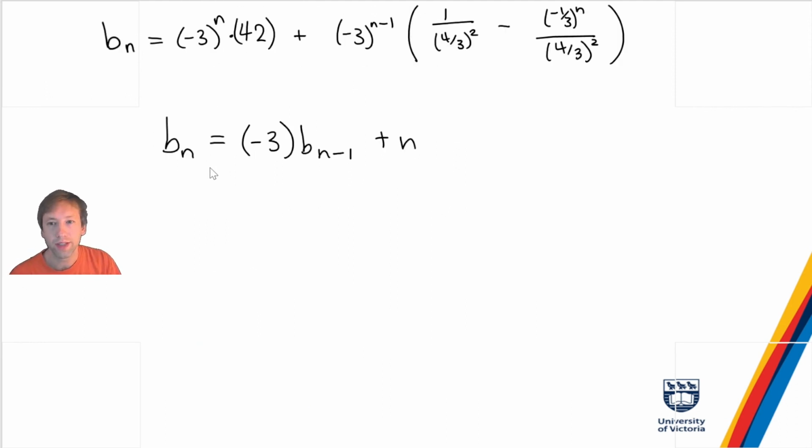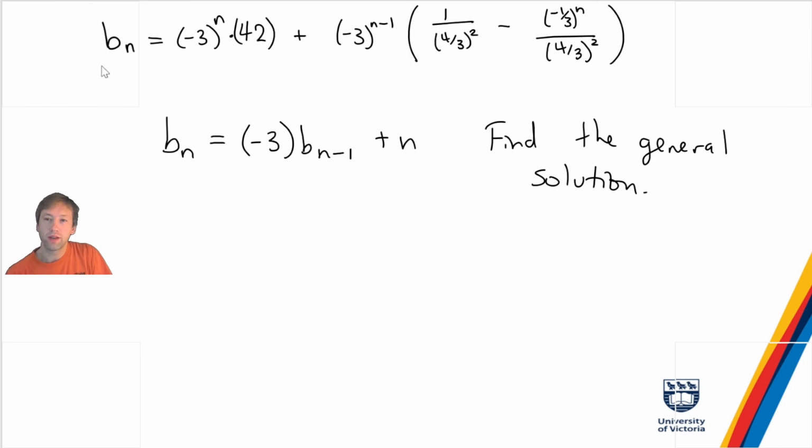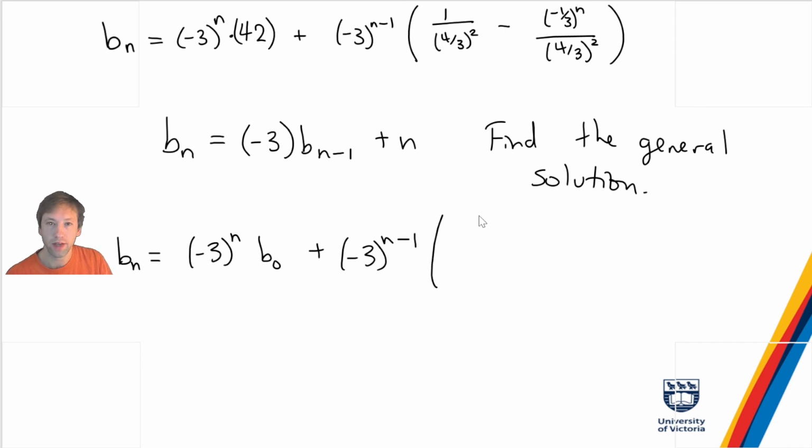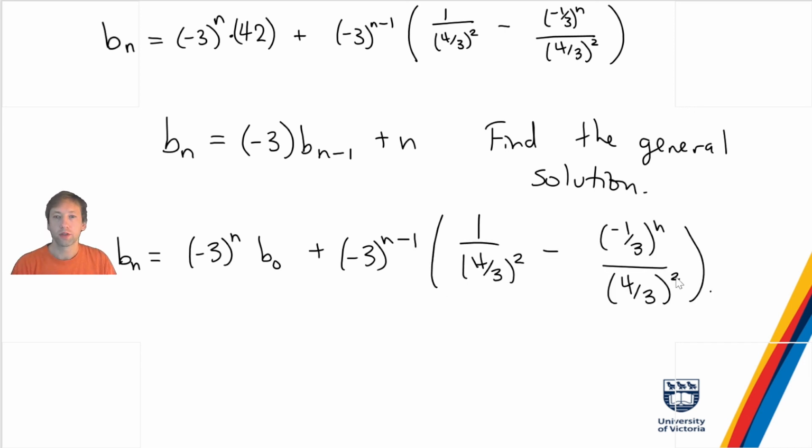If I asked you to find the general solution, that would be basically the same thing I've got above, except we wouldn't have any b0 to plug in. So the general solution would be negative 3 to the n b0 plus negative 3 to the n minus 1 times this stuff here.